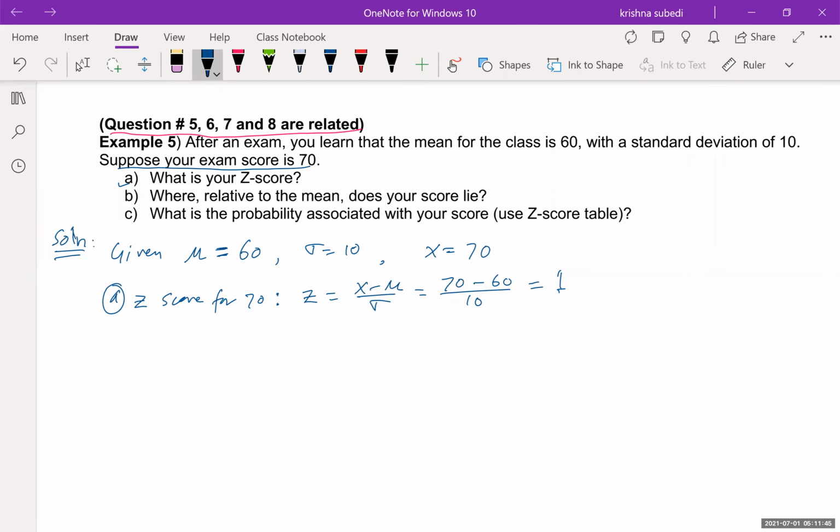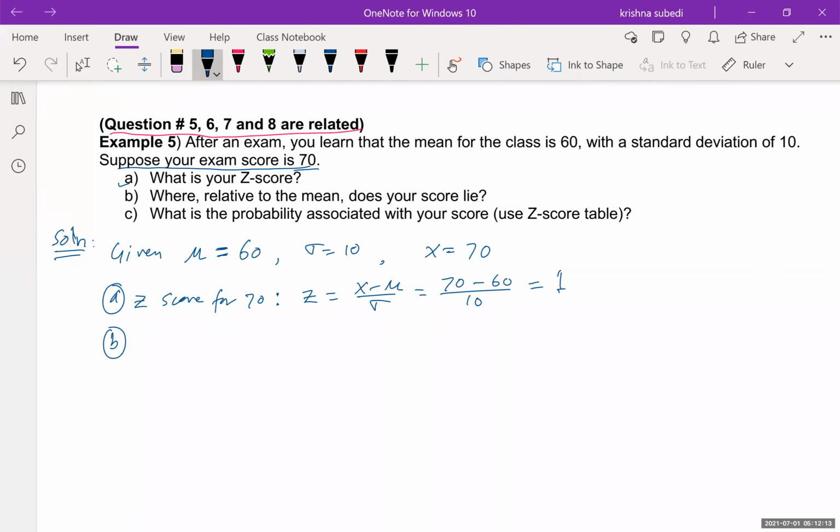Okay, now let us look at where relative to the mean your score lies. That means in this context, in your class, what percentile you are at. We want to calculate how good you are doing in relation to other students in the same class.